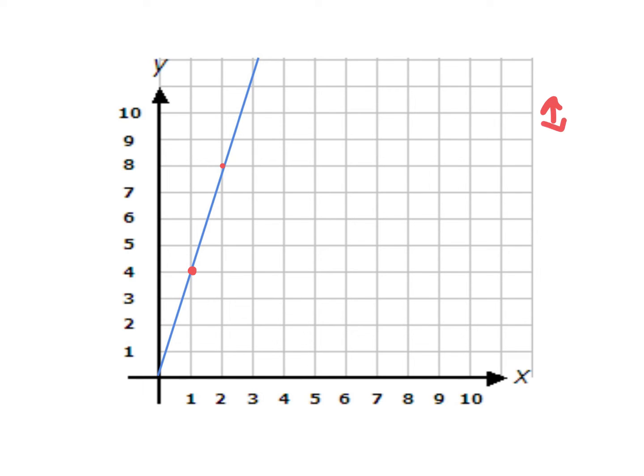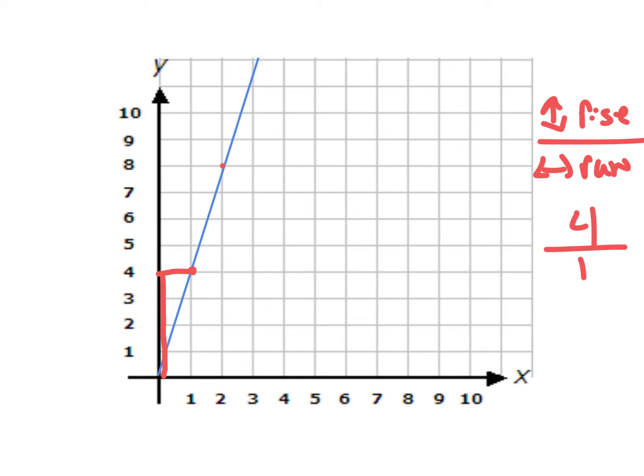Remember, up or down is our rise, and run is left to right. So we're going to rise up 1, 2, 3, 4. That's my rise, and my run is over 1.